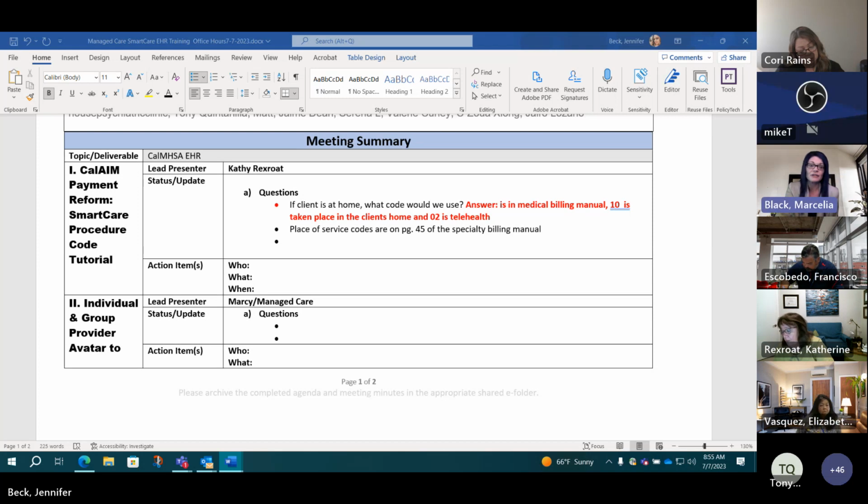We are still working on and developing the collateral piece, so please look for more information to come. Jennifer, if you want to add under questions a request for additional information on collateral and group, just so we have it documented, we already know that we are working on that and that it will be provided.